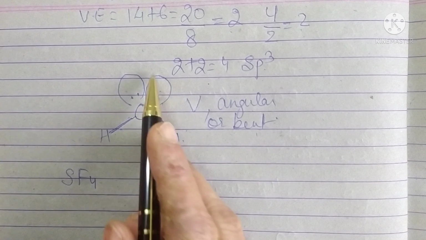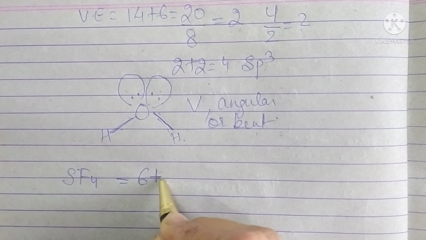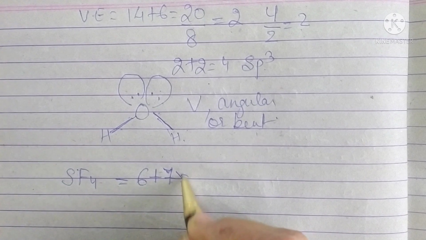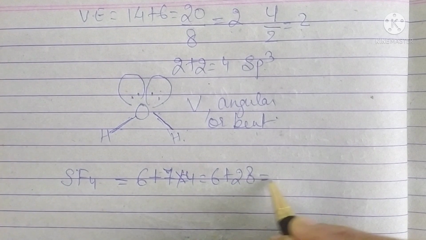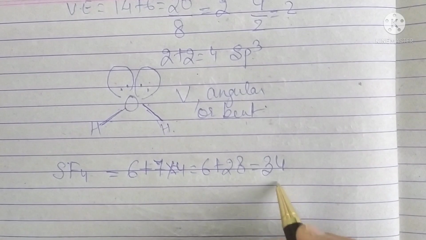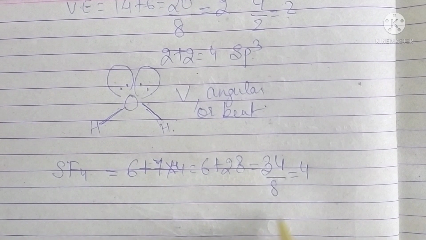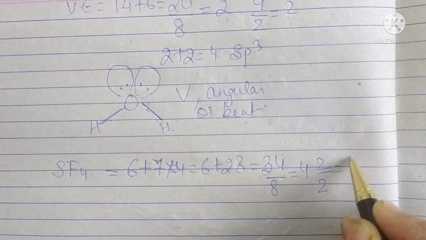Now the SF4 molecule. Total number of valence electrons: sulfur is 6, fluorine is 7, 7 4s are 28, so it is 6 plus 28, it will be 34. Now 34 divided by 8, it will be 8 4s are 32, and 2 divided by 2 will give us 1.